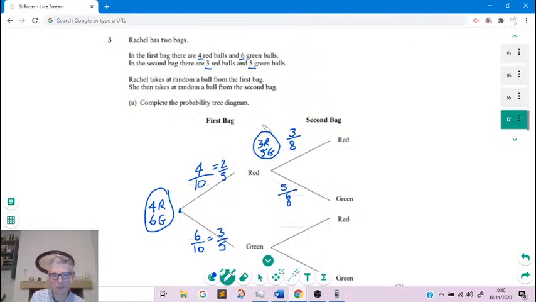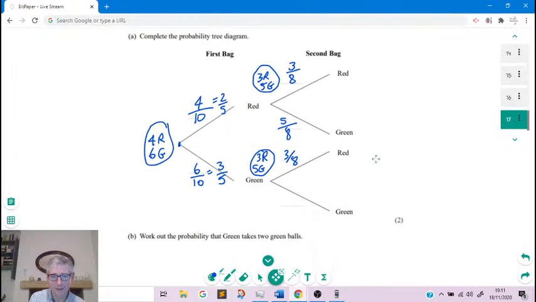Because we're still in the same condition, whatever happened to the first bag doesn't affect the second bag. So again we've got 3 reds and 5 greens, so the top one is 3/8, and the bottom one is 5/8.